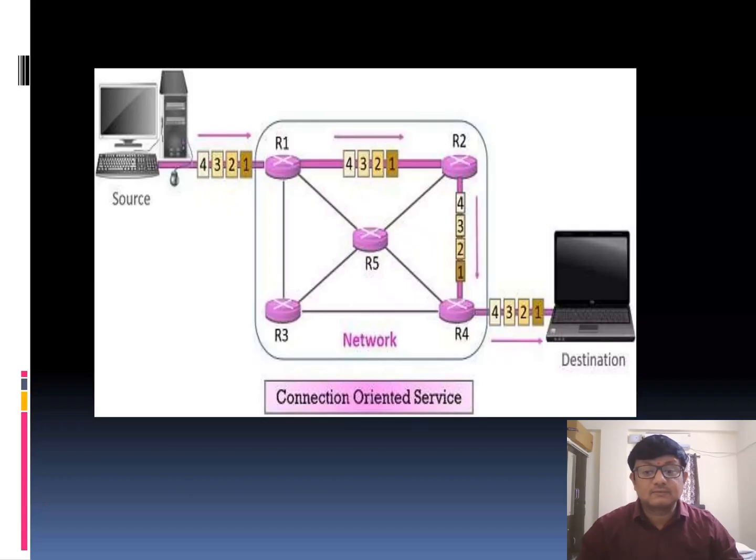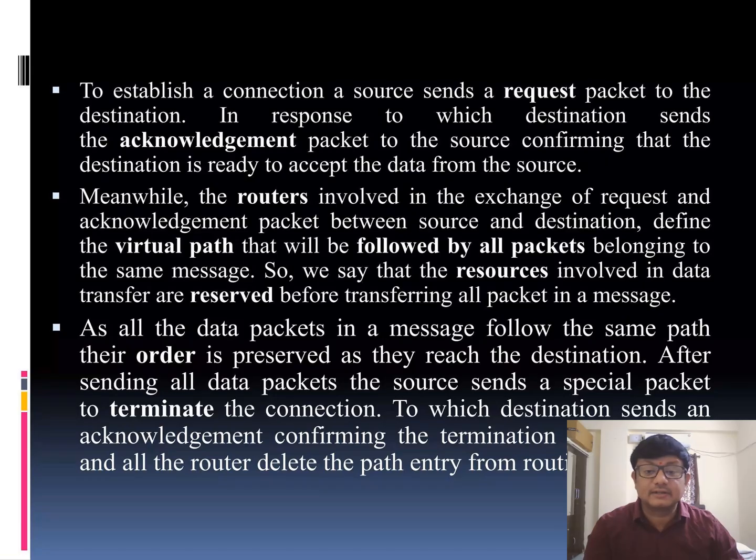There is a source sending some bits, 4321. We have the routers connected in a network. You can see how it is transferred from R1 to R2, R2 to R4, and finally how it reaches the destination.